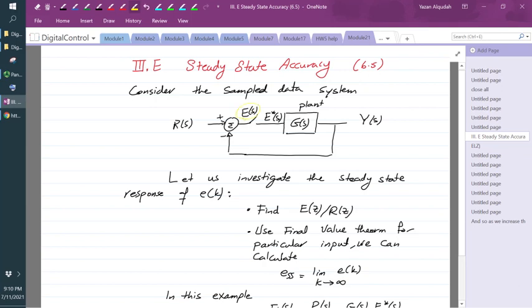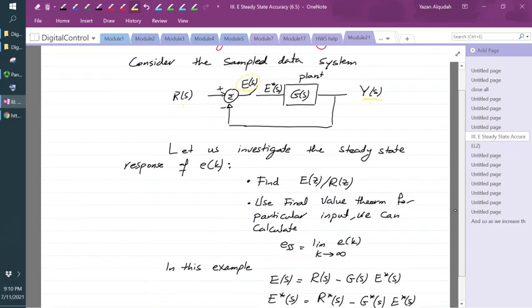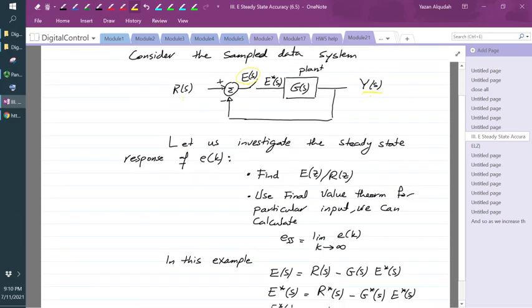This is equal to R minus Y. R is what I'm setting my system at, and Y is what my system response is. The difference between them is the error signal. If R and Y are different, then I have an error. If R and Y are equal, then this error signal is going to be 0. So therefore, the error signal is R minus Y of S.